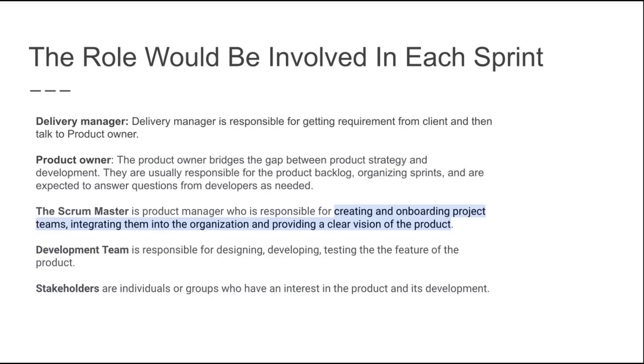I'm a developer, so I'm part of the development team, which is responsible for designing, developing, and testing the features of the product. We also have stakeholders, individuals or groups who have an interest in the product and its development. It's like you are the customer: because you are using the app, you will give suggestions or feedback.